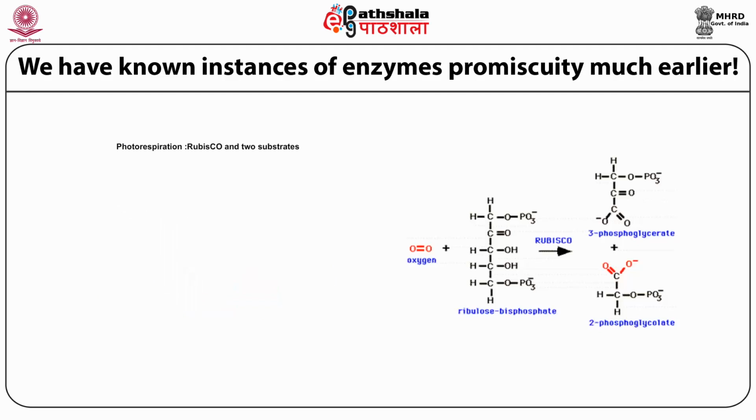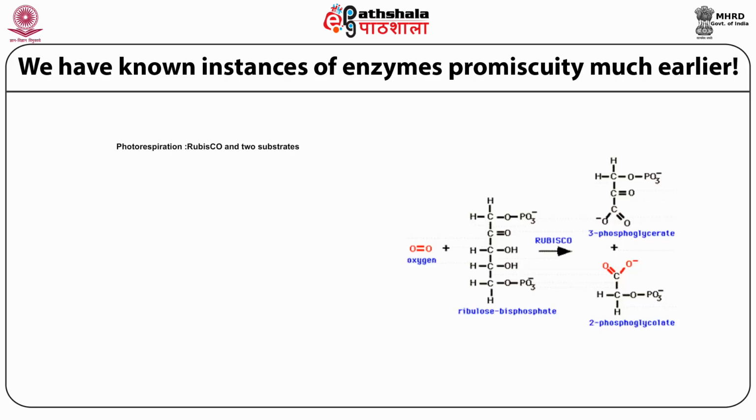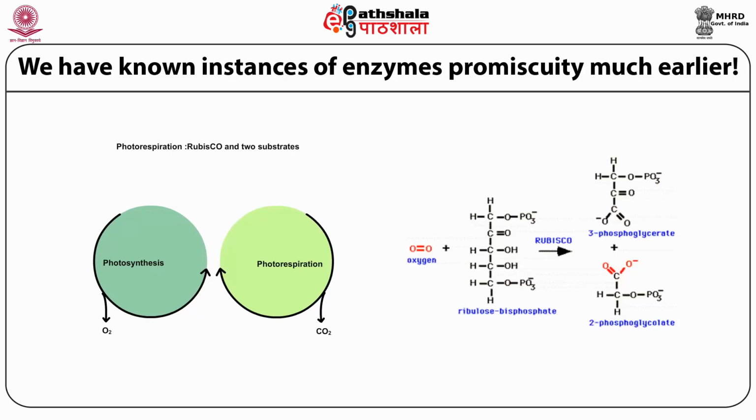Perhaps the well-known oxygenase activity of Rubisco was not considered a reason to rethink our notion of enzyme specificity. It is interesting to note that the oxygenase activity of Rubisco has been considered as an outcome of the evolutionary history of the enzyme.